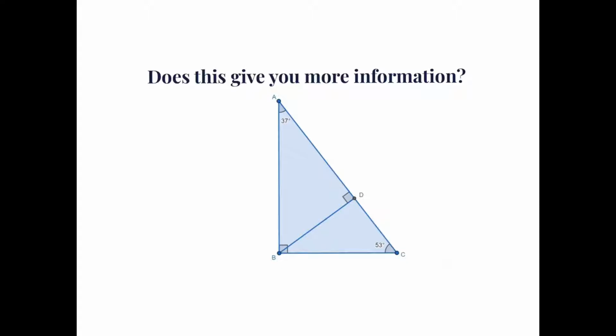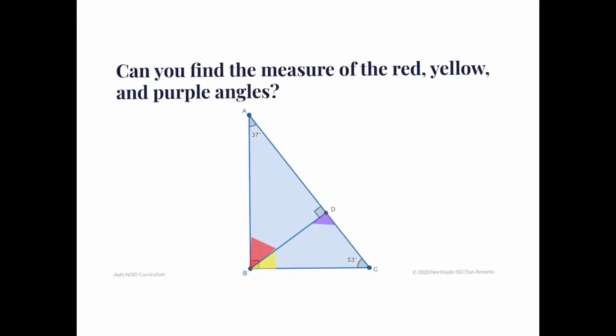If you remember, similar triangles have congruent angles, but they're different sizes. So let's think about that. Do you think you could find the measure of the red, yellow, and purple angles that we have here in our picture?